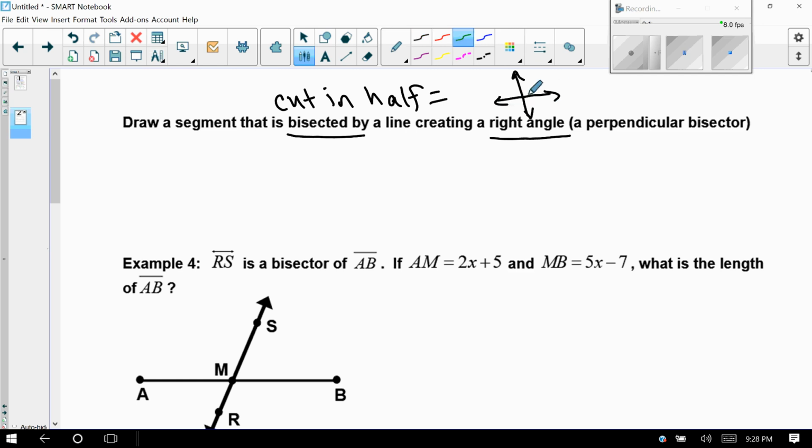When they intersect and they meet at a 90-degree angle or a right angle, that's that 90 degrees right here. So under right angle or above right angle, I want you to put 90 degrees, okay? 90 and then that little degree symbol up there. Perpendicular means that they meet at a 90-degree angle. So that's what this is. Bisector means that they are cut in half.